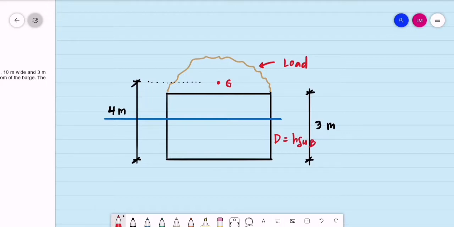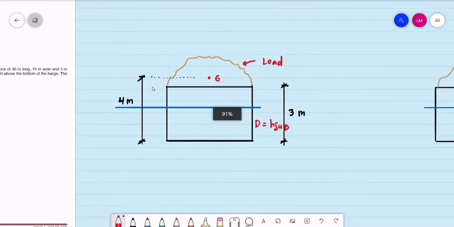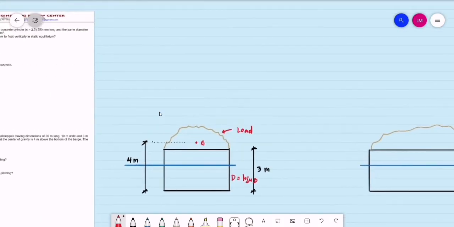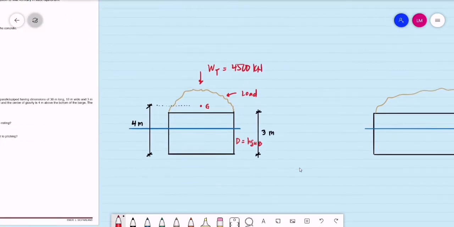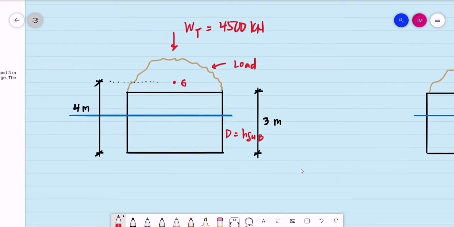So by mechanics, we can start this with mechanics alone. Okay, so let us consider the weight of the barge plus the load. The total weight is given, equal to 4,500 kilonewtons. Since it will float, that will be countered by the buoyant force.